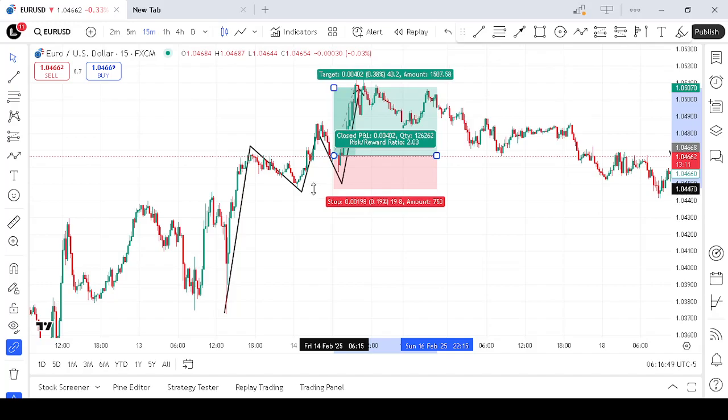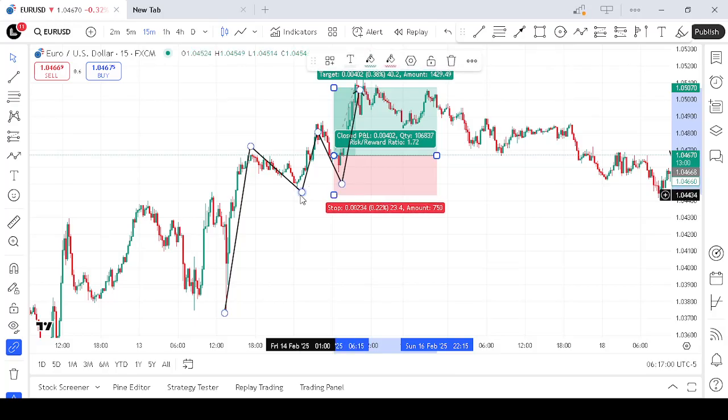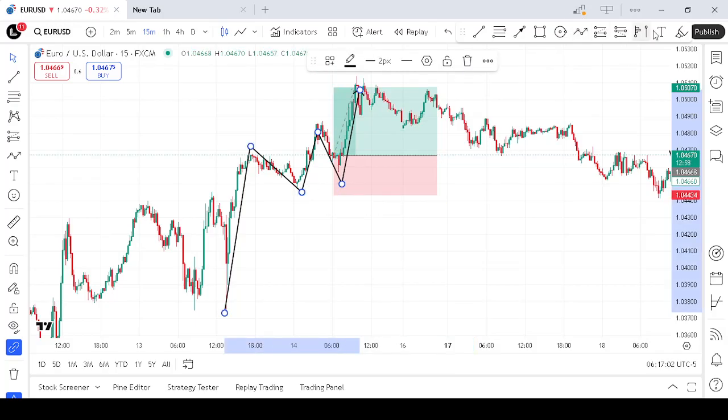Let's not forget our risk management. We are always going to set our stop loss below the previous level, below your point B level. I think I would have to label this.